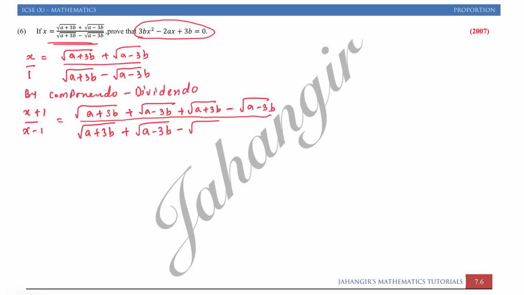Here if I am taking minus root of a plus 3b, then this will become plus minus 3b. As you see, you can cancel these two terms. These two terms will also get cancelled.